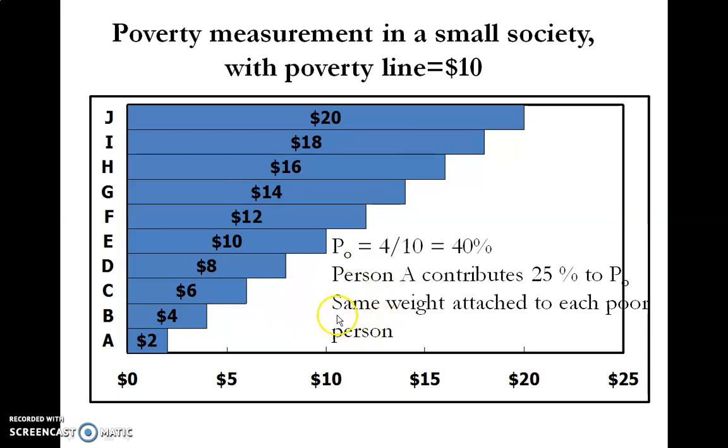And this is seen by the fact that each poor individual over here, person A, B, C, and D, they contribute exactly 25% each to this index. Okay, so there are 4 people in total who are poor, and each of them contributes equally, so that's 25%. The same weight is attached to each poor person. We don't attach more weight to person A or less weight to person B.